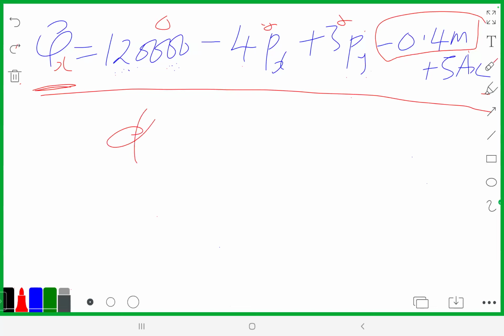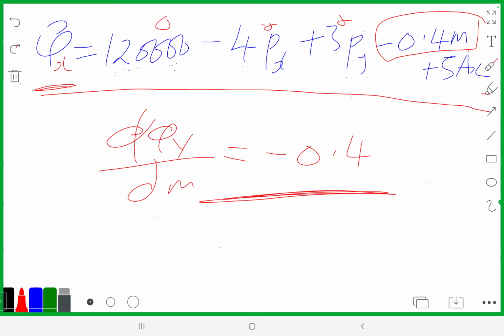So dQx over dM, meaning we are differentiating this whole function with respect to M, you have negative 0.4. It's negative, which means there is a negative relationship between the changes in income and the quantity demanded.